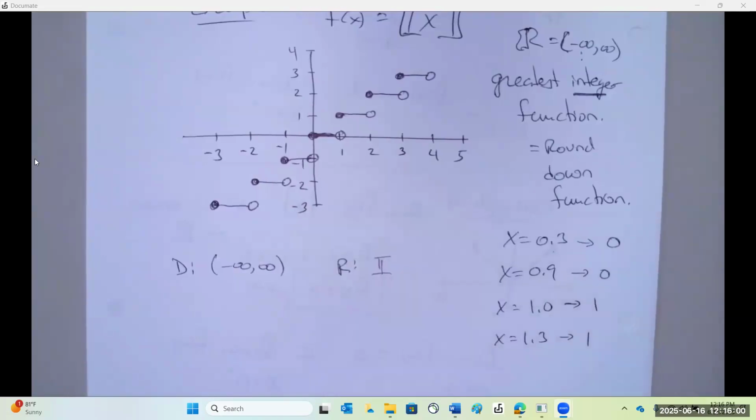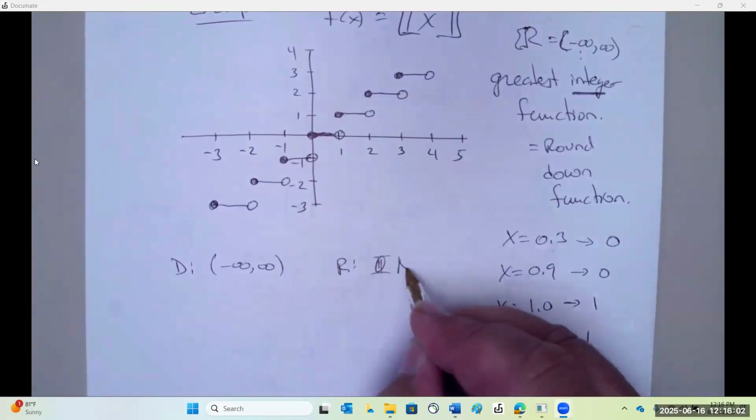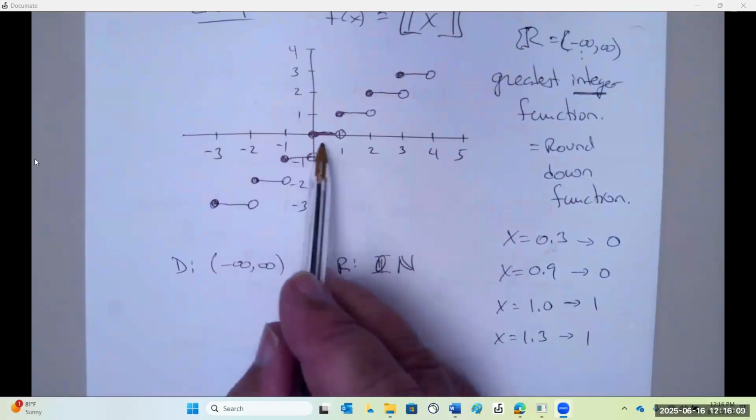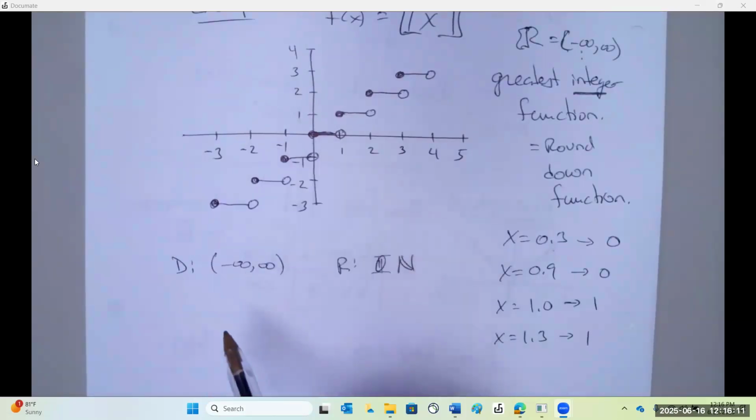Integers. Actually, it'd be n. Only integers, because you notice the y values don't exist at decimal points, which is now why we can prove it's not continuous.